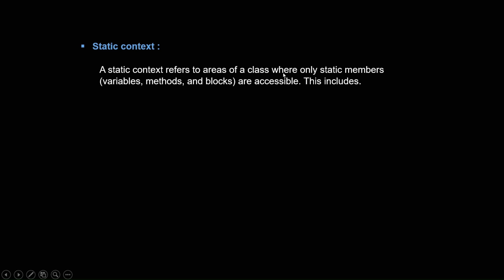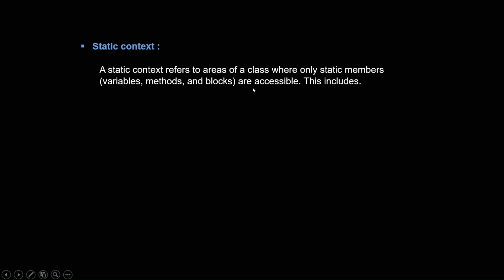A static context refers to the area of the class, from where your class block is started, where only static members, variables, methods and blocks are accessible. It means we cannot access non-static members in the static context.